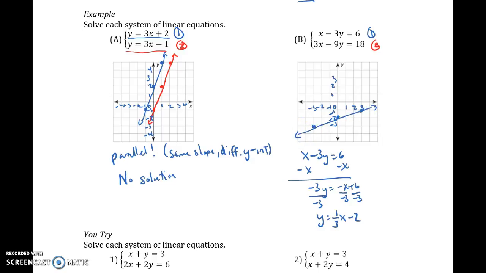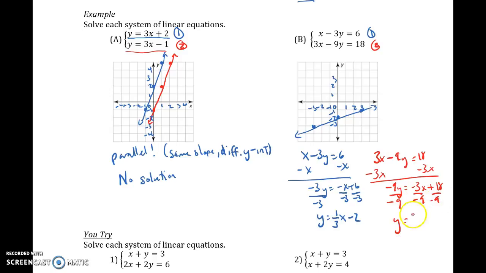All right, and then let's try out line 2. So this is 3x minus 9y equals 18. Subtract the 3x from both sides. Then divide every single thing by negative 9.